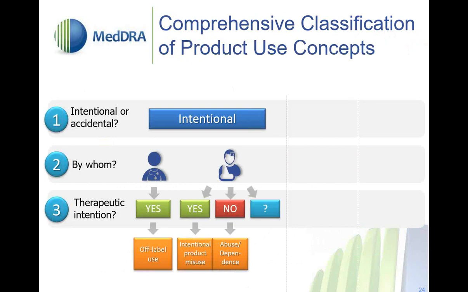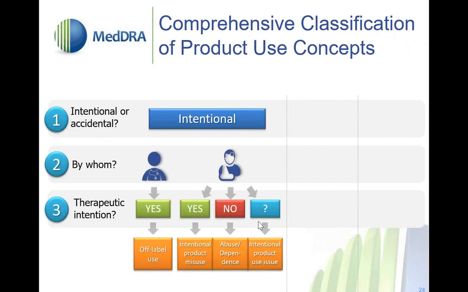Now, in case the report or the verbatim string or the coding scenario does not really show if the therapeutic intent was there or not, you don't know either way, then that becomes some sort of intentional product use issue. When you don't know the therapeutic intent, it's some type of issue.